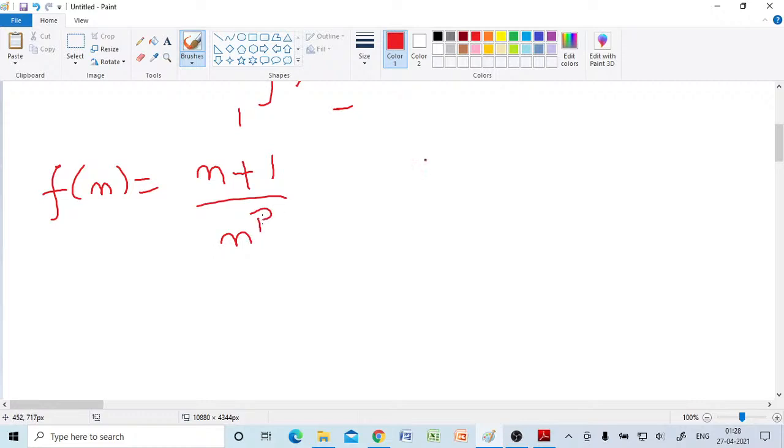Because the summation is something like this, n plus 1 over n to the power p, where n is from 1 to infinity.